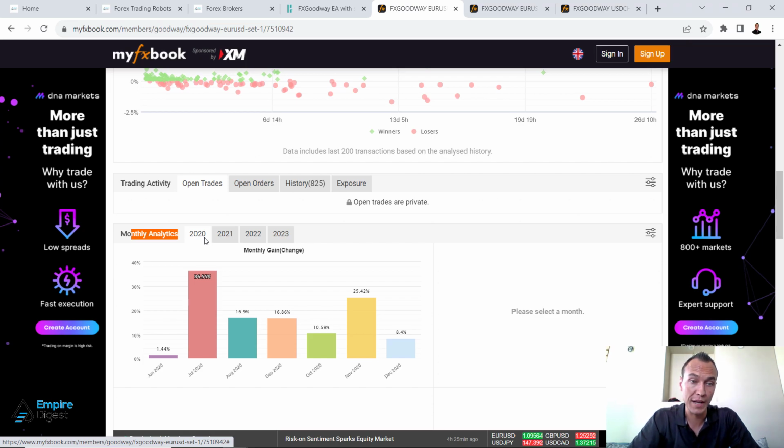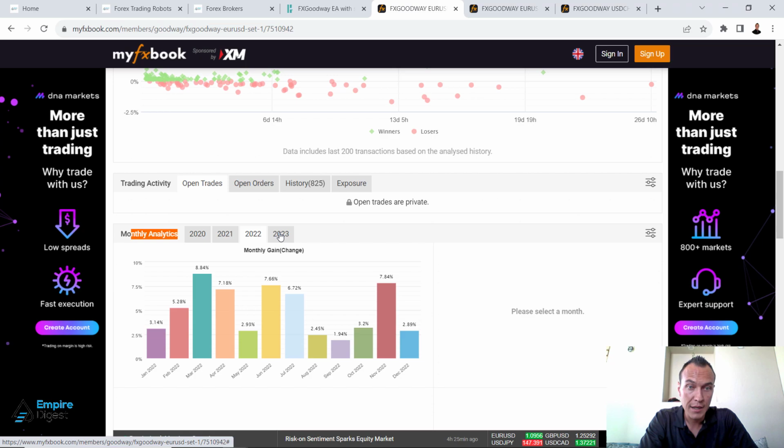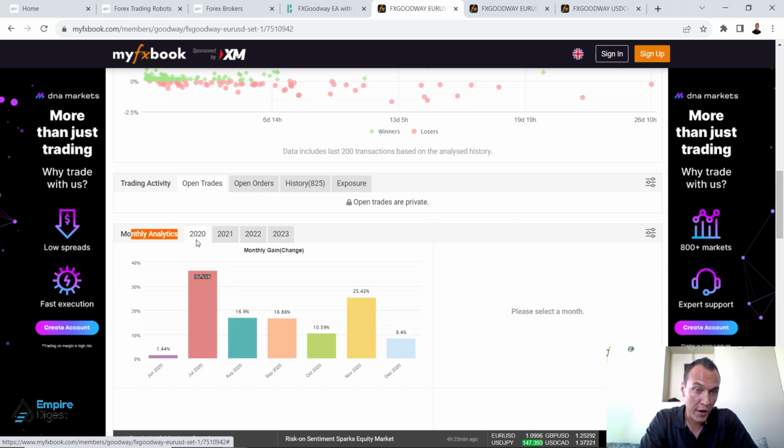That is what I look for. In this case, this robot has been going for just over 3 years, about 3.5 years. So not bad at all.